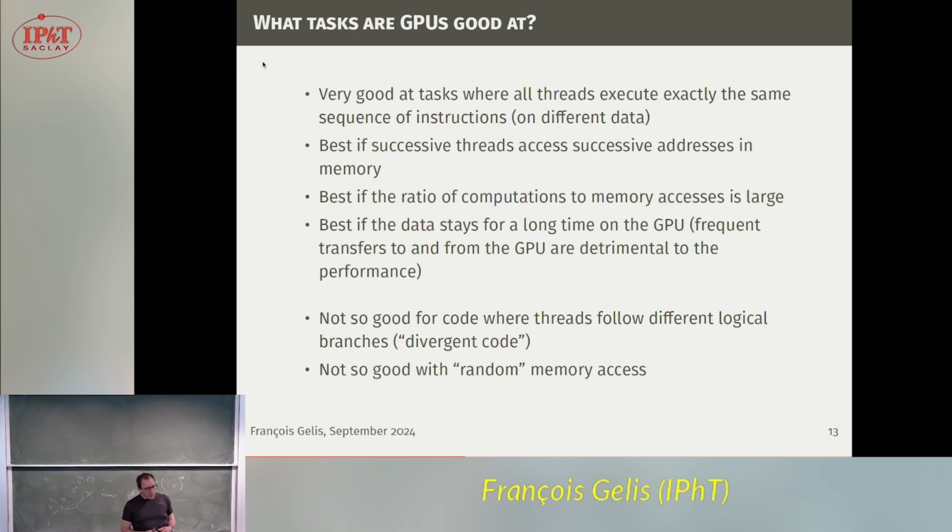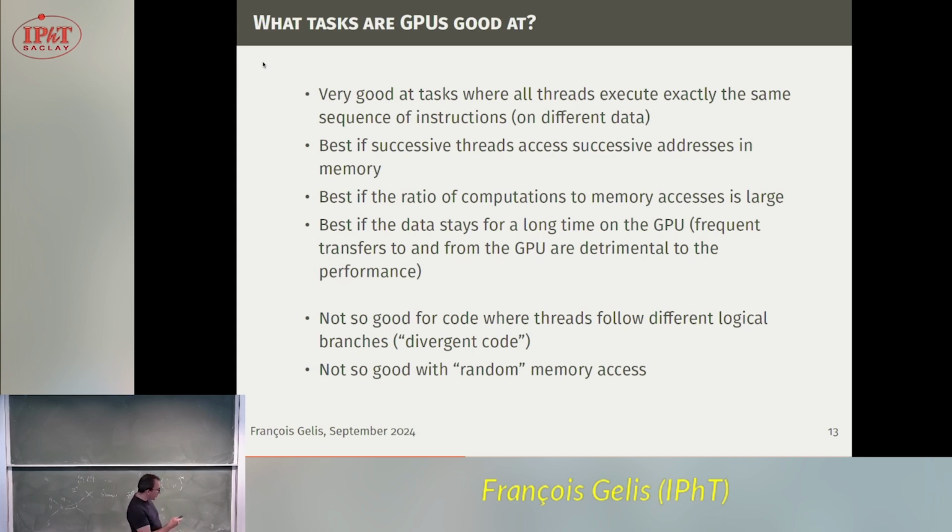They work quite well if you copy data to the GPU at the beginning of your program, then do a lot of computations on this data, but the data stays on the GPU, and only at the end you retrieve the result. If you have to do frequent copies back and forth between the GPU and the host, this will kill your performance by a large factor.